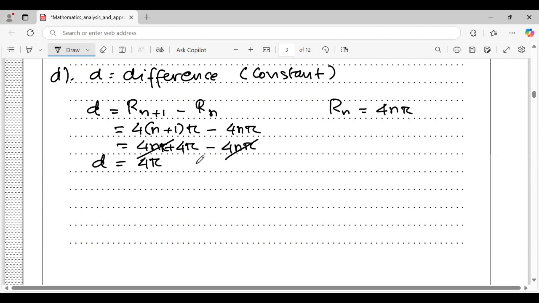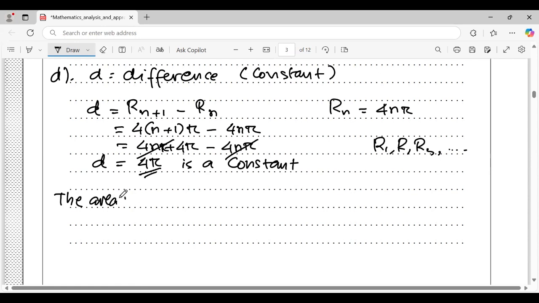And 4 pi is a constant. So we can take the conclusion according to this result that the difference is a constant, for the arithmetic sequence R1, R2, R3, and so on.